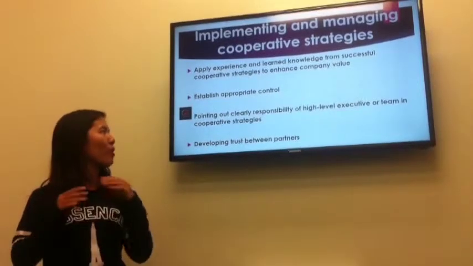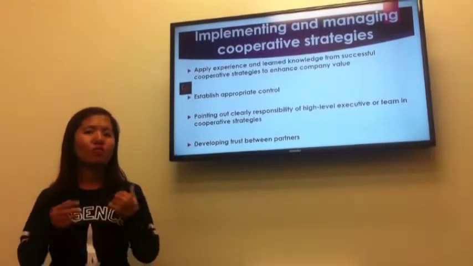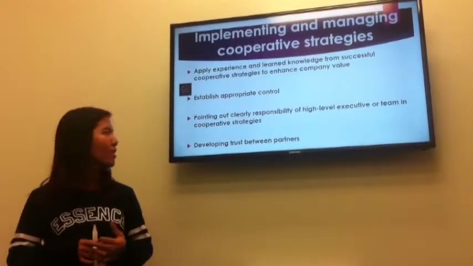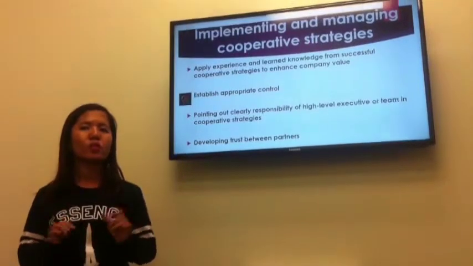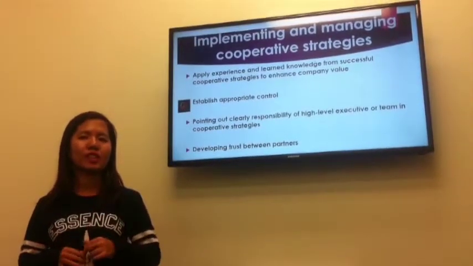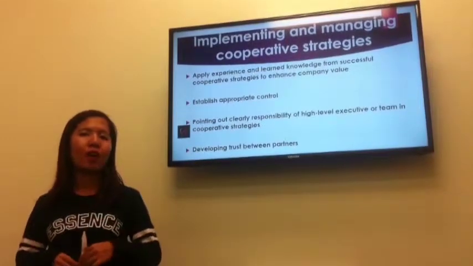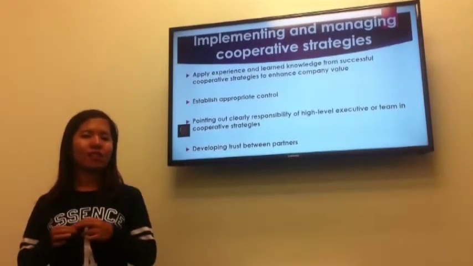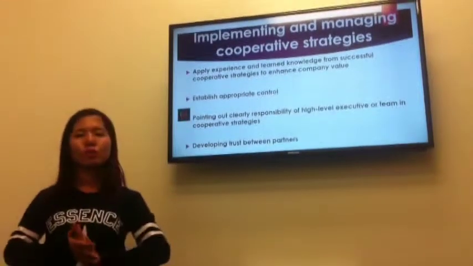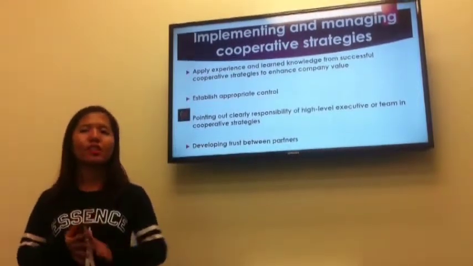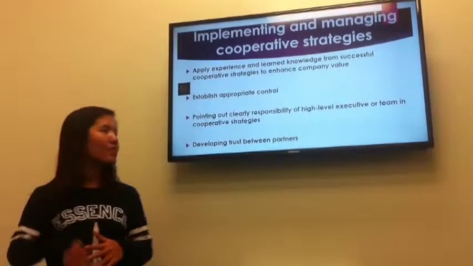The second one is we have to establish appropriate control through contracts, the terms of the contract. The third is we have to point out clearly the responsibility of the top executives, so we can limit their use of power. And the fourth is we have to develop trust between the partners, because trust is an effective way to affect partner behavior.